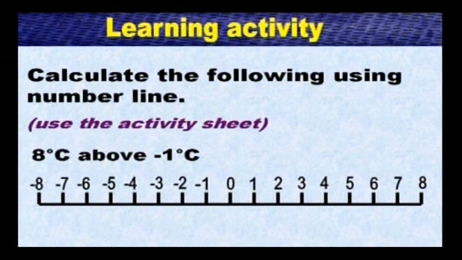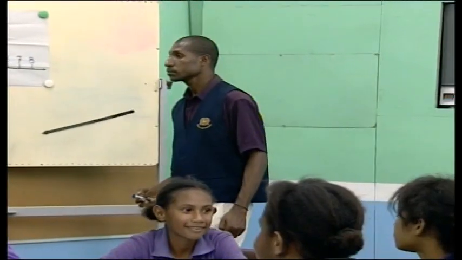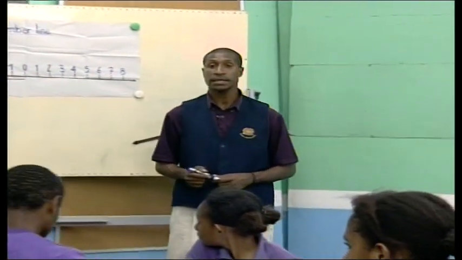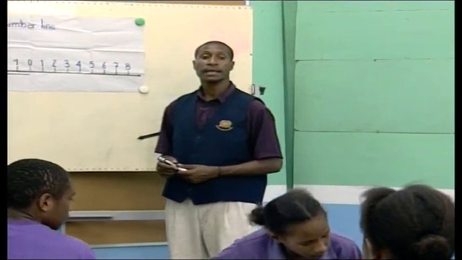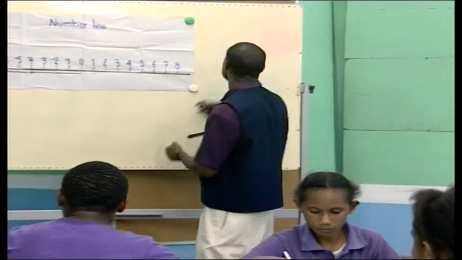Kalen? Positive 8 plus negative 1. Very good. The number sentence is positive 8 plus negative 1.